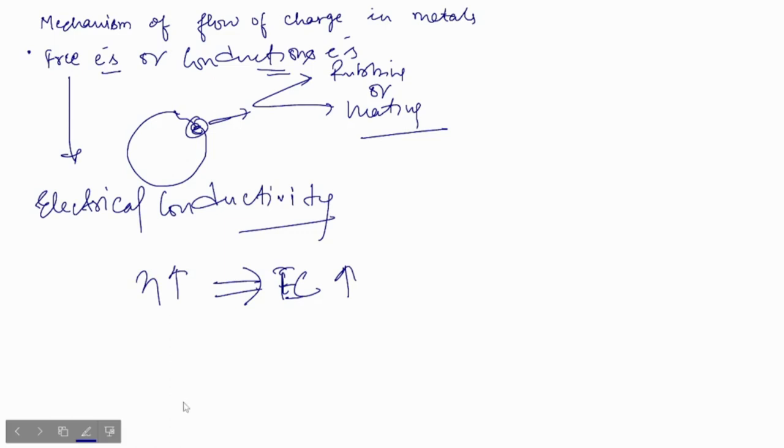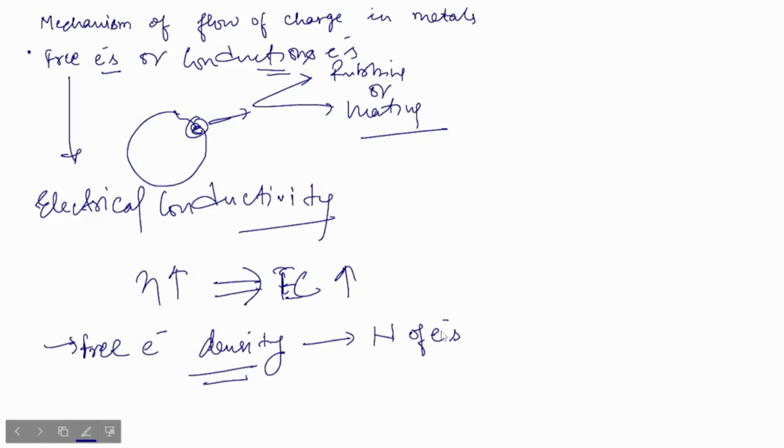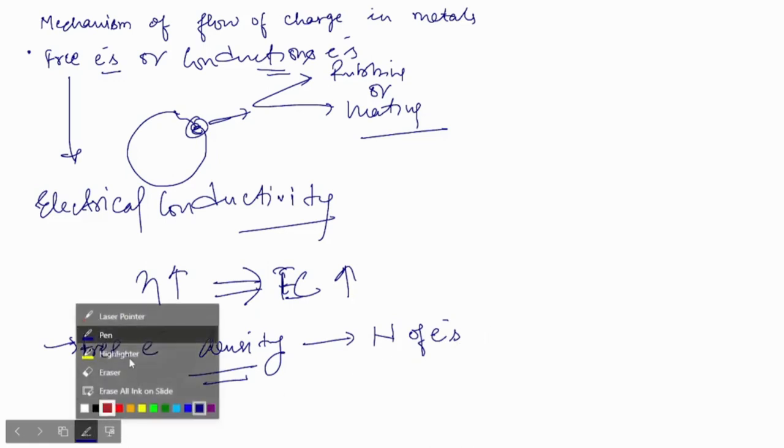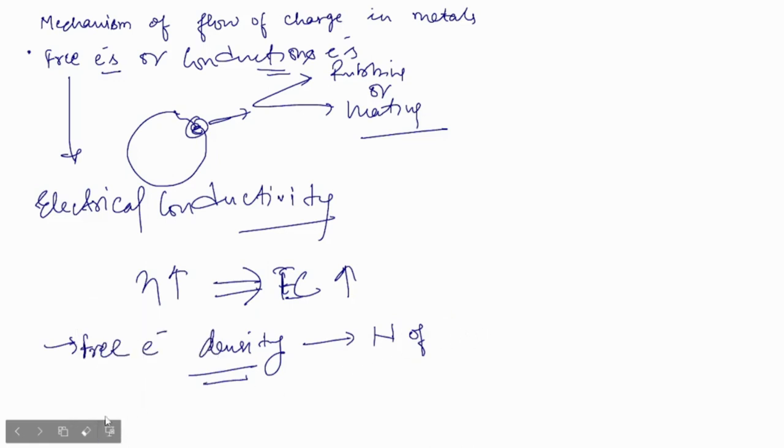Now, the next term that comes is free electron density. This is nothing but the number of free electrons per unit volume.